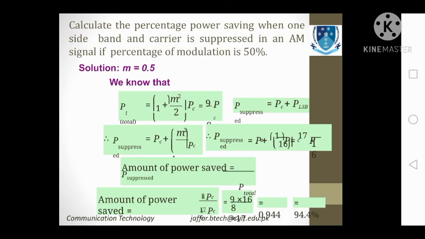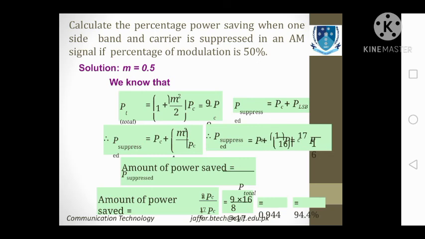Similarly, if you reduce the modulation index by 50%, or you can say the modulation index turns out to be 0.5, you see that the reduction in the amount of power consumption will be 94.4%. It means that you will be saving about 94% of the power. It means that if you were sending 100 watts of power, now you have to send only 5 watts of power.